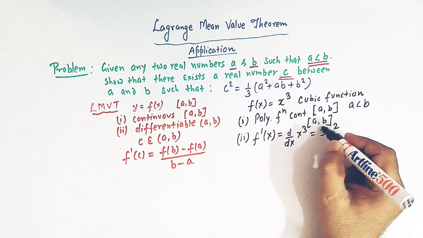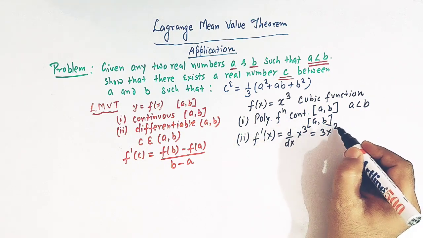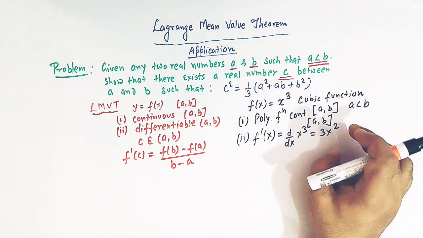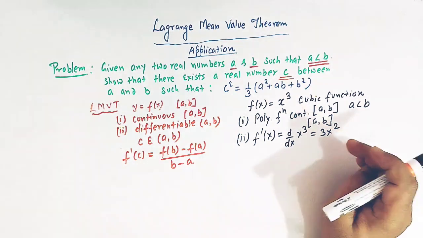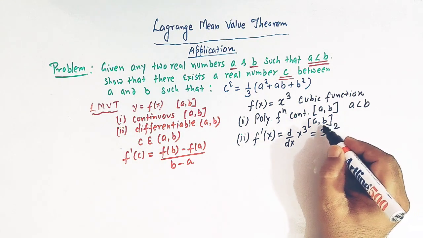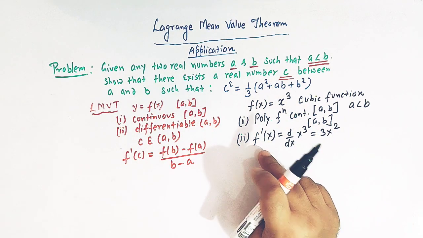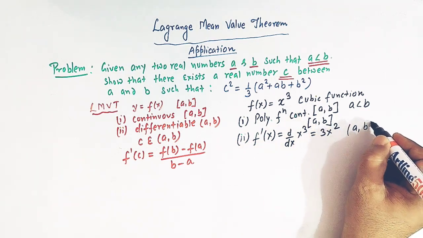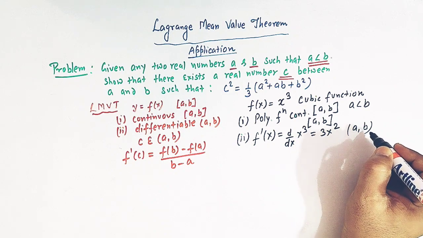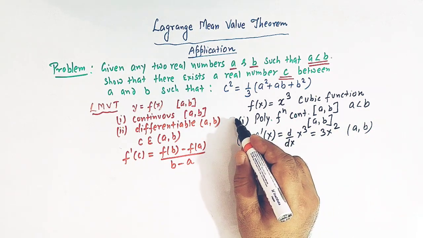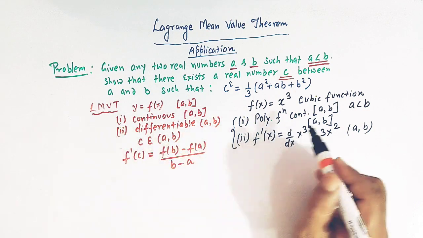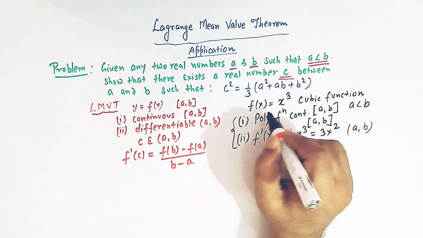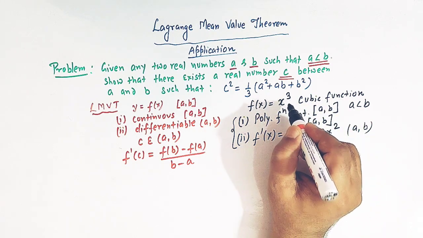We see that the derivative is again a polynomial function, a quadratic function, and we can easily see that this function has a derivative at each point in the open interval a comma b. So the first two conditions of Lagrange's mean value theorem are satisfied by our cubic function f of x is equal to x cube.